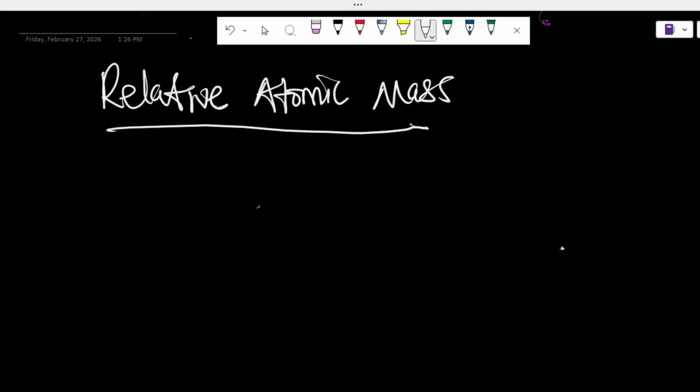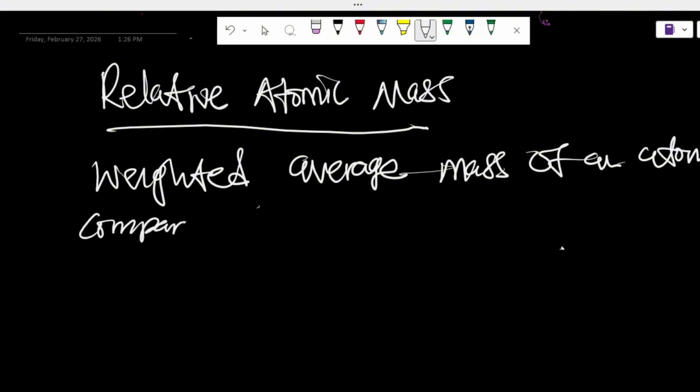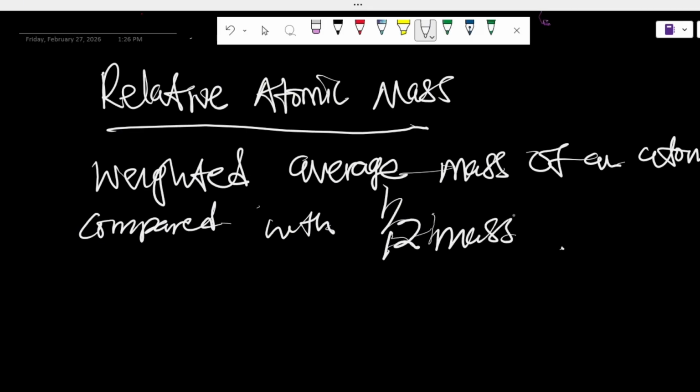Now, when you're talking about the relative atomic mass, this is the weighted average mass of an atom when it is compared with 1/12 mass of carbon-12 atom. So whatever average mass you're going to get of an atom, you compare it with 1/12 mass of carbon-12.